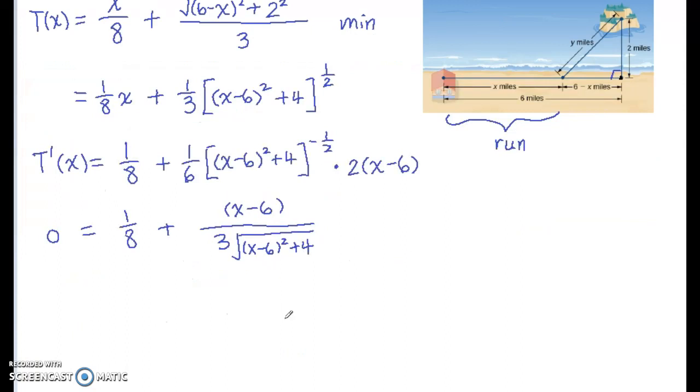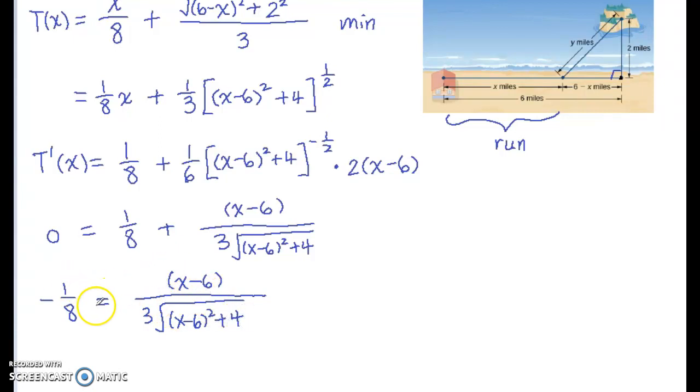So we subtract 1/8 on both sides, and we get negative 1/8 equals (x minus 6) over 3 times the square root of (x minus 6) squared plus 4.